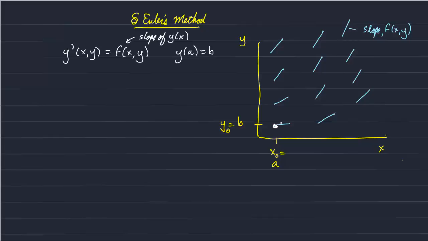To illustrate Euler's method, we're going to estimate the value of y. And again, the estimate can be quite accurate depending on our method. We're going to estimate it at various points, x1, x2, x3, for example.